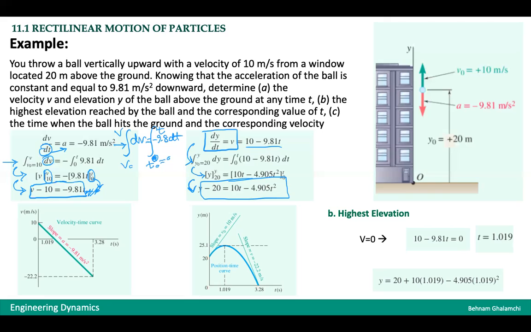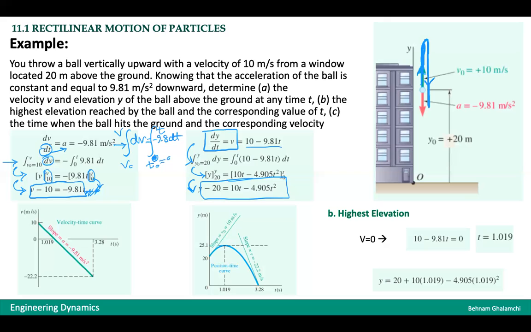Part B is asking us to find the highest elevation the ball can reach. The important thing to know about the elevation is, for example, if we throw the ball up there, it will go up and come down. So that is the direction.